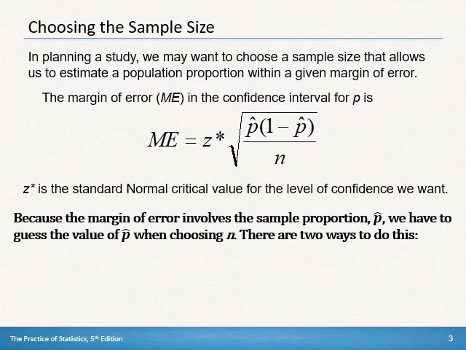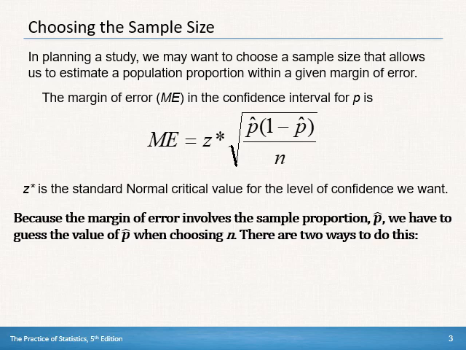So how do we establish a certain margin of error? We would like certain margins of error to start with, and so what we have to know is how big of a sample we need so that we get a margin of error that's acceptable to us.